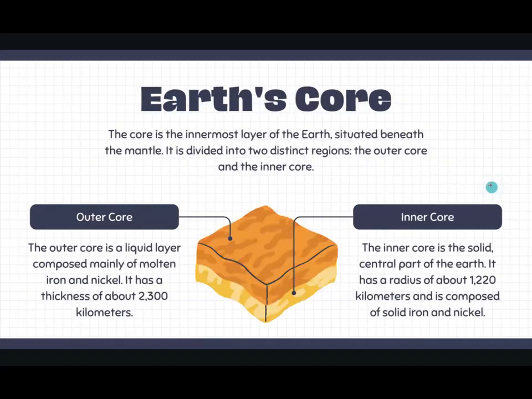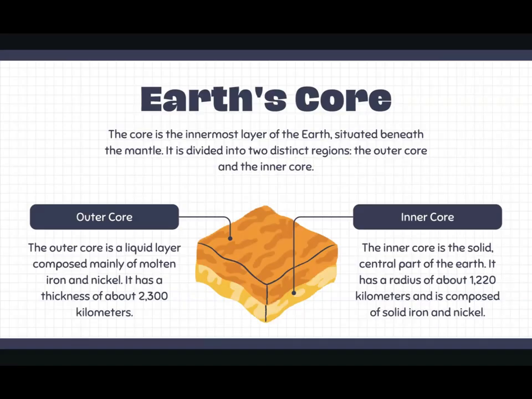The next part is the Earth's core. The core is the innermost layer of the Earth, beneath the mantle, and it's also divided into two distinct regions, as are the other two layers. The outer core is mostly liquid, made of molten iron and nickel, which are two different metals.